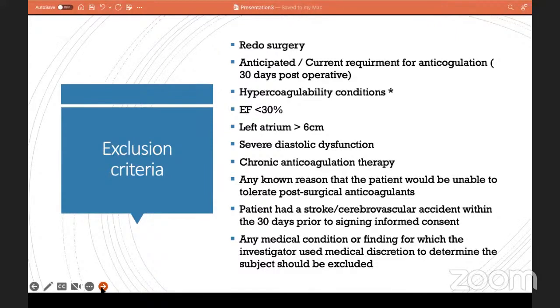For the preoperative ones: anticipated or current requirement of anticoagulation, including the period of 30 days post-operative, any hypercoagulability conditions which may confound the study, ejection fraction less than 30%, left atrium larger than 6 centimeters, severe diastolic dysfunction, chronic anticoagulation therapy, any known reason that the patient would be unable to tolerate post-surgical anticoagulants, a stroke or cerebrovascular accident within the 30 days prior to signing the informed consent, and any medical condition or finding for which the investigator used medical discretion to determine the subject should be excluded. And this last point will be mentioned in the limitations later on.